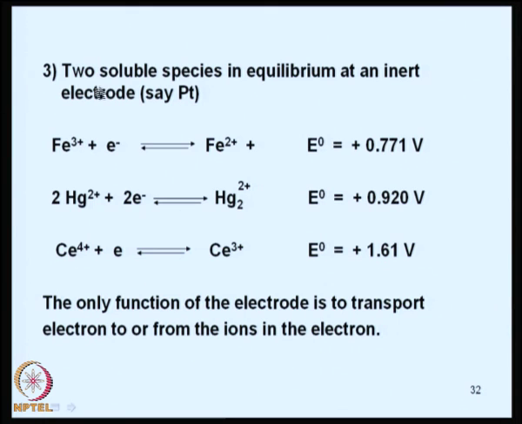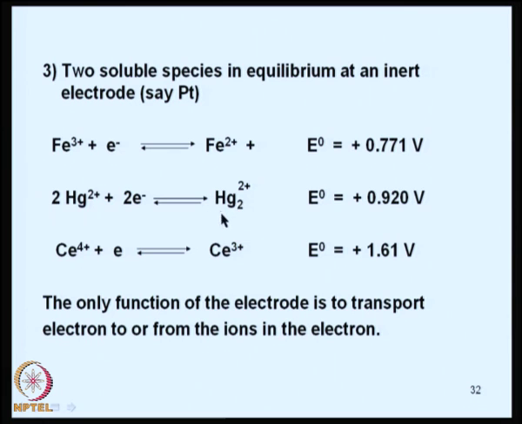On the left side I have the oxidized species, on the right side the reduced species, the same convention. The only difference is that Fe2+ is in solution, Hg2+ is in solution, Ce3+ is in solution. That means we do not have a metal electrode corresponding to either Fe3+ or Fe2+, mercurous and mercuric, ceric and cerous.